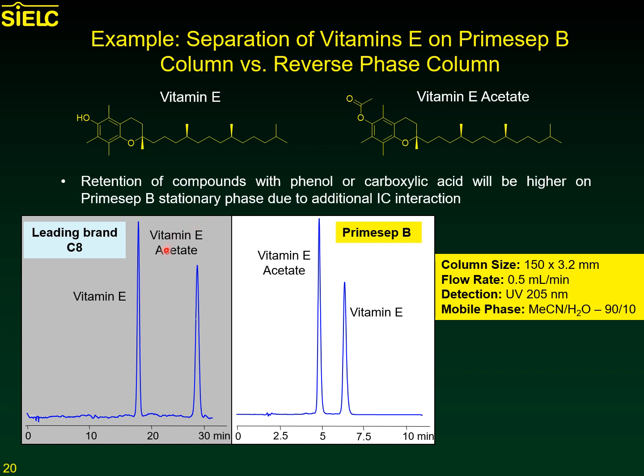If one were to separate these two compounds on a Primesep B column, they would find that the vitamin E acetate elutes first now, while the vitamin E elutes second. And this is because the phenolic group in the vitamin E participates in ion exchange with the basic Primesep B column, while the vitamin E acetate is only retained on the column via reverse phase or hydrophobic interactions.